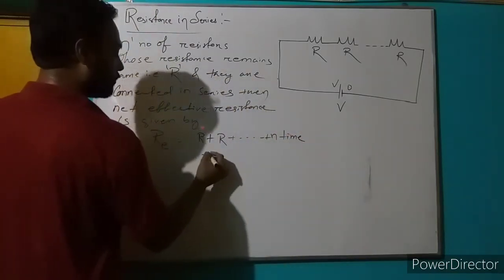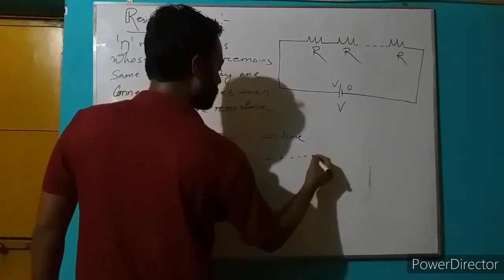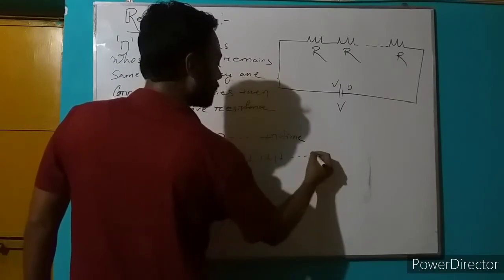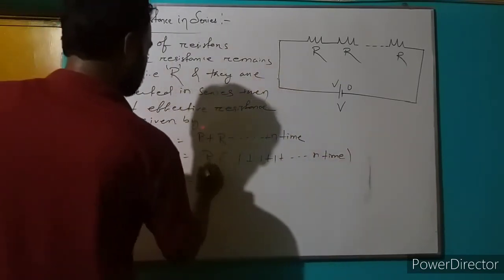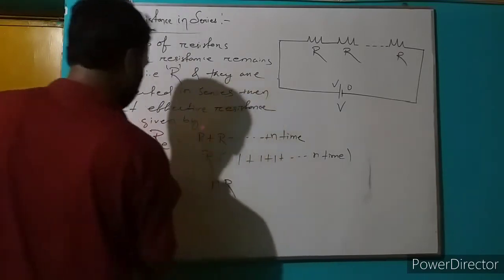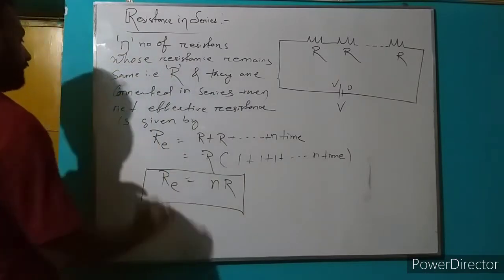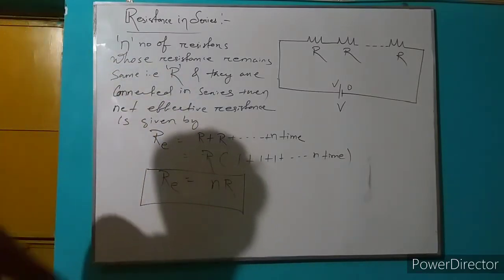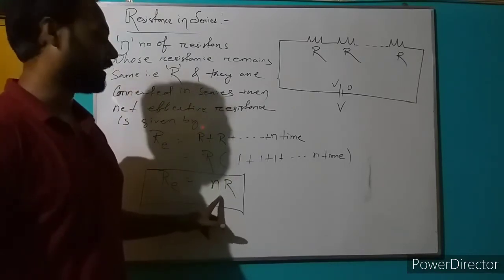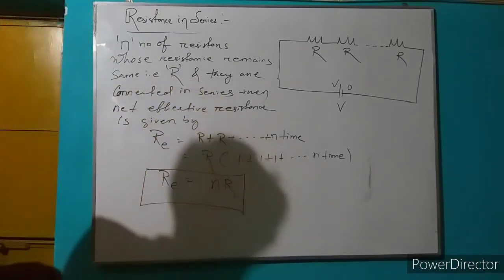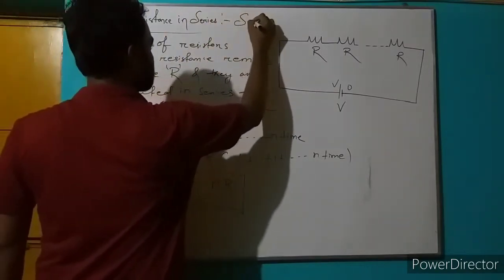If you take R common, that means 1 plus dot dot dot n times, that means n into R. So the net effective resistance, when n resistors are connected in series, becomes nR. Clear? This is the special case.